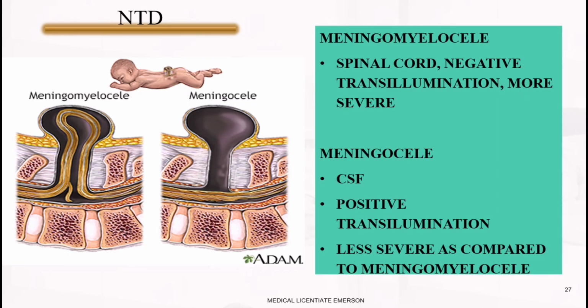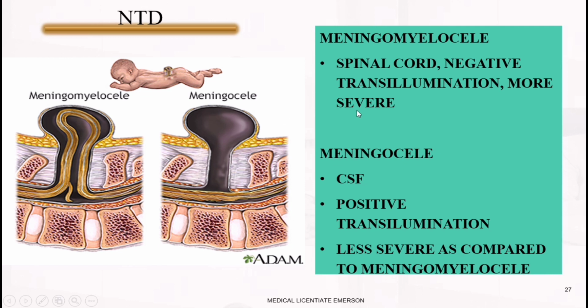Then this is meningocele, and that's myelomeningocele. And the thing is, as you can see here, the spinal cord in meningocele is absent. Then in meningomyelocele or myelomeningocele it is present here.